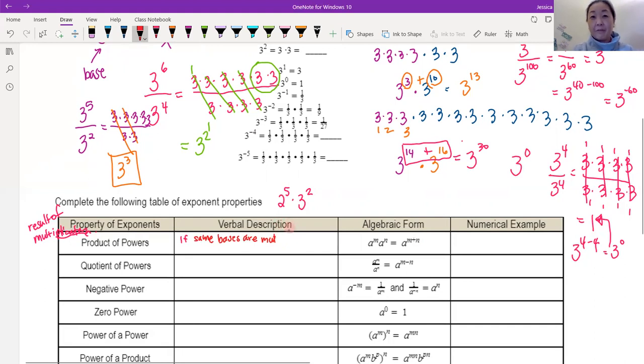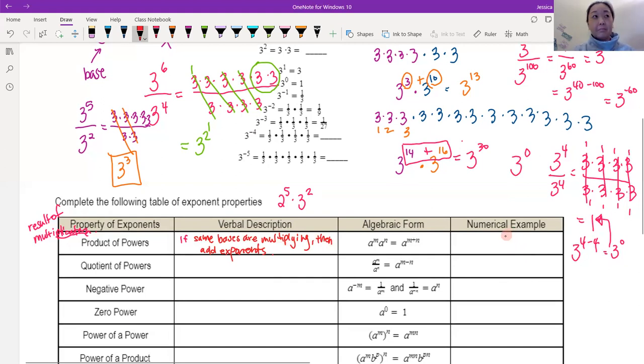Then what do we do with the exponents? Then you just add the exponents. Just like that.